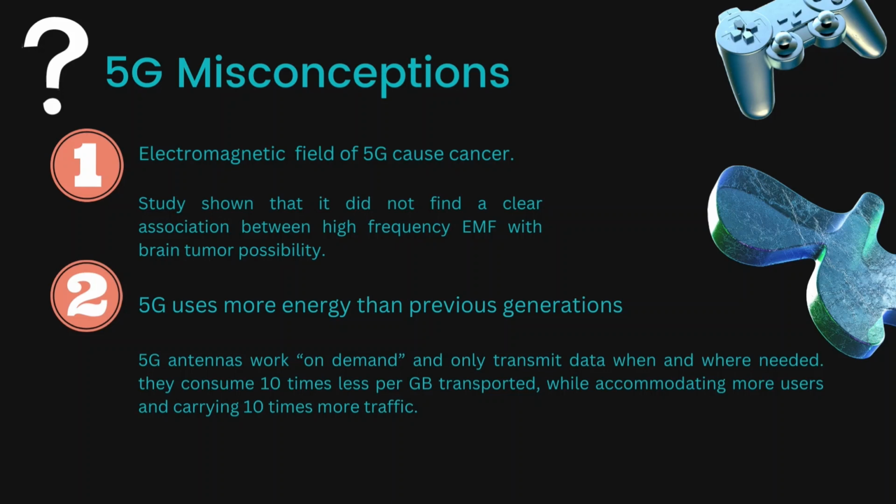Studies have shown that they did not find a clear association between high-frequency EMF in 5G networks and the possibility of brain tumors. The second misconception is that 5G uses more energy than previous generations. 5G antennas work on demand and only transmit data when it is needed. They also consume 10 times less energy per gigabyte transported, accommodating more users carrying 10 times more traffic.